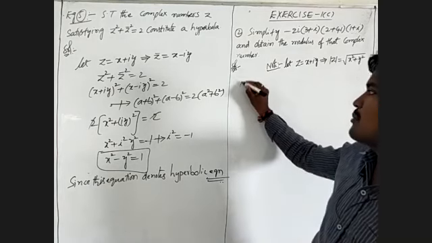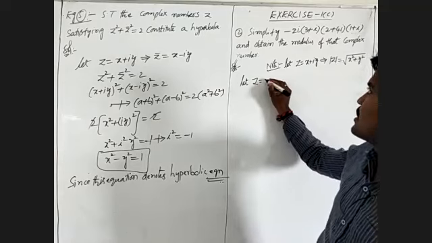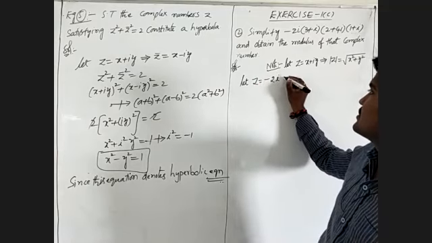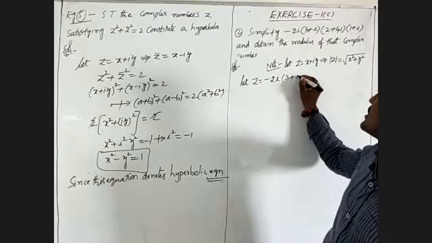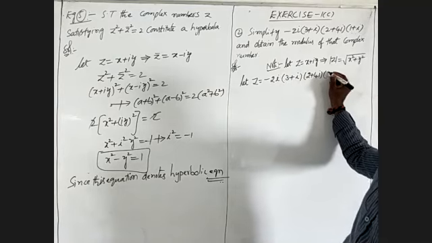But the given complex number, let us say z is nothing but minus 2i into 3 plus i into 2 plus 4i into 1 plus i.